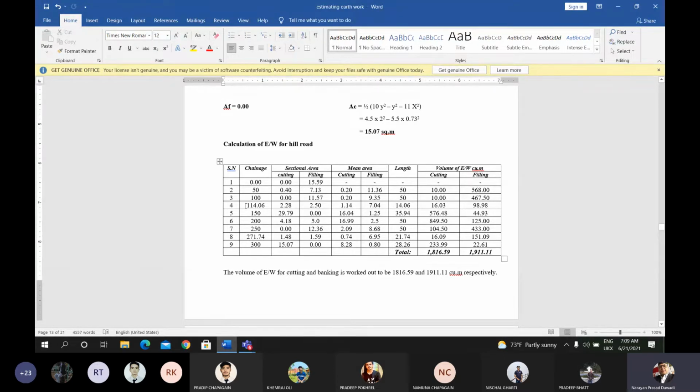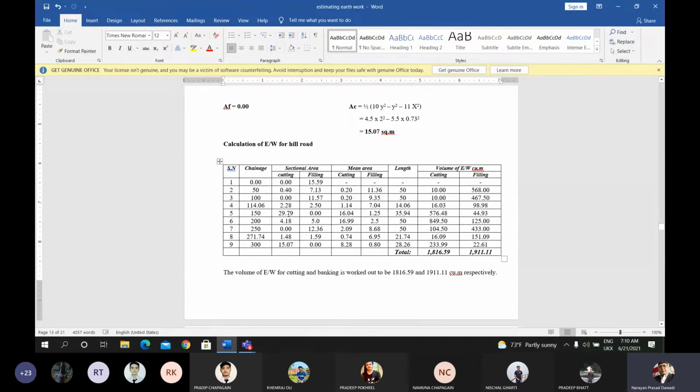Okay, for the 114.06, this is the D is equal to 0 chainage, it is partial case, so the cutting area of 2.28 and the filling area is 2.50 is here. Now for the 150 meter chainage, this is the fully case of cutting, so the cutting area is 29.79 square meter.